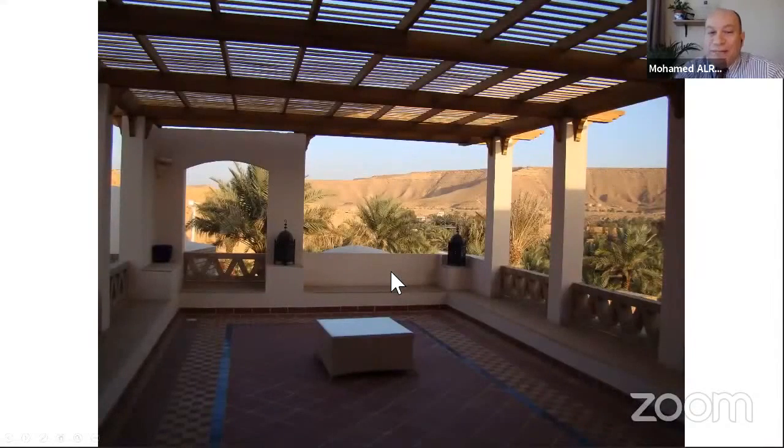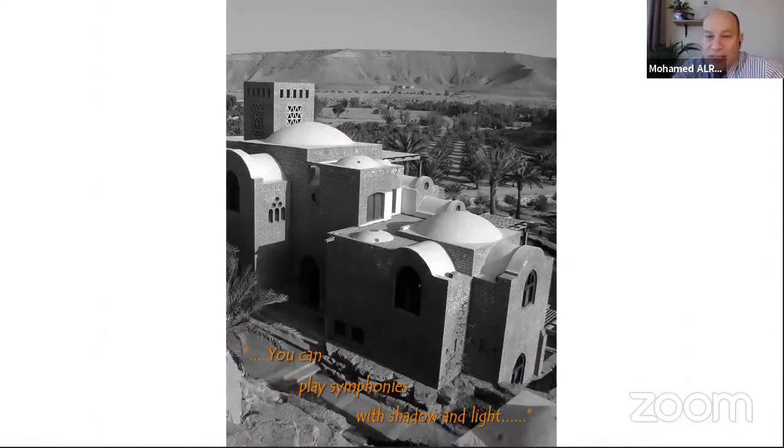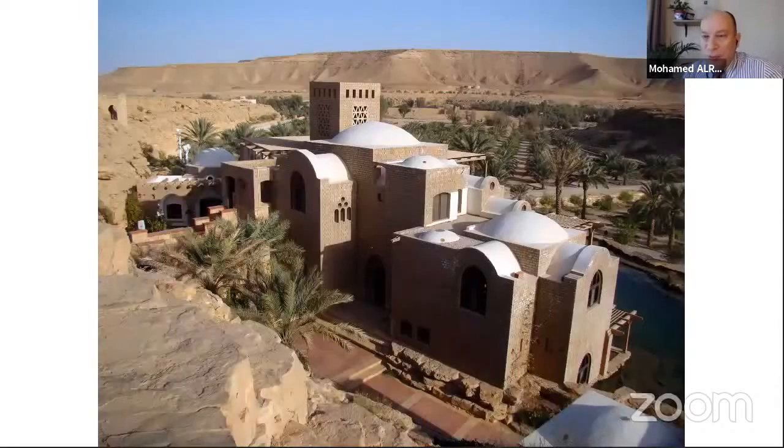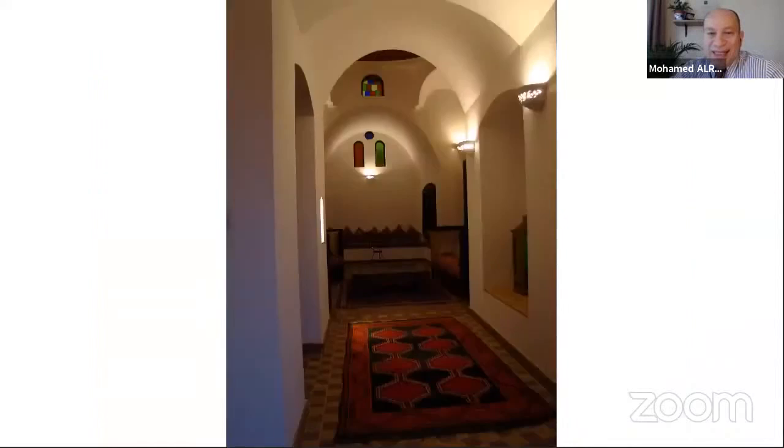And here you can play symphonies with just shadow and light. You don't need to exaggerate your forms to be impressive. Just use the architecture tools between your hands. You play with the light.